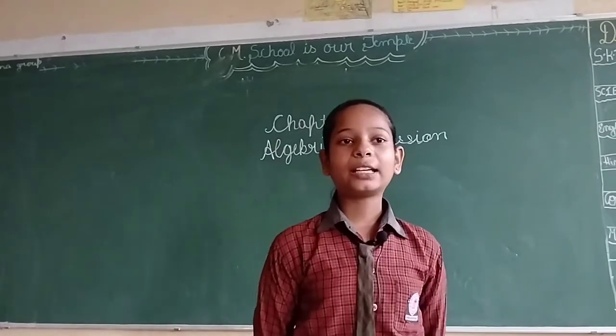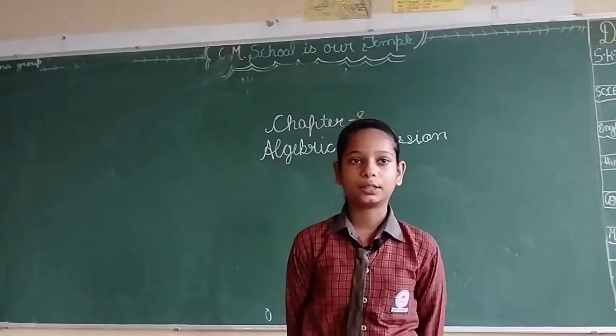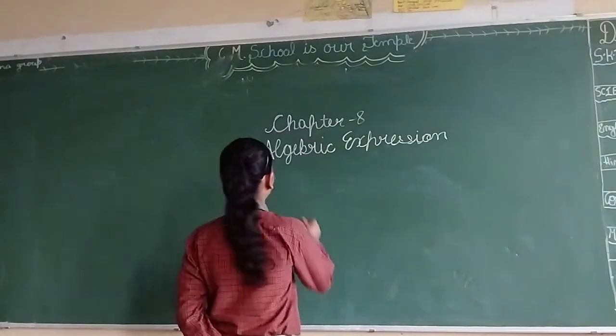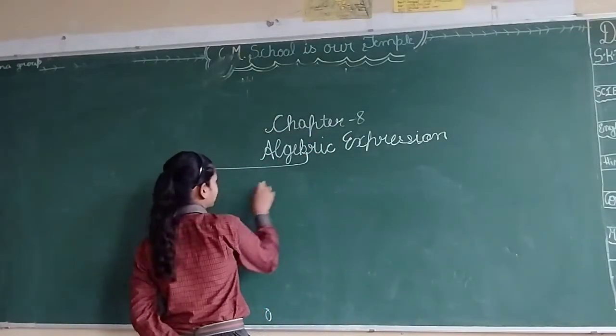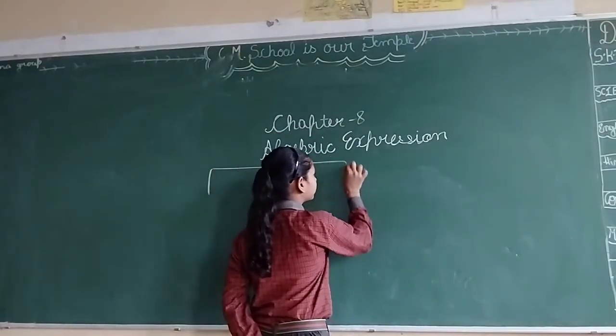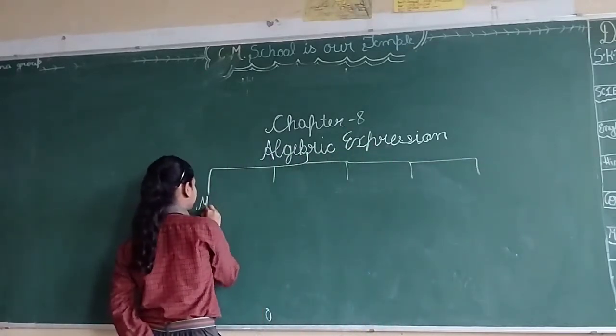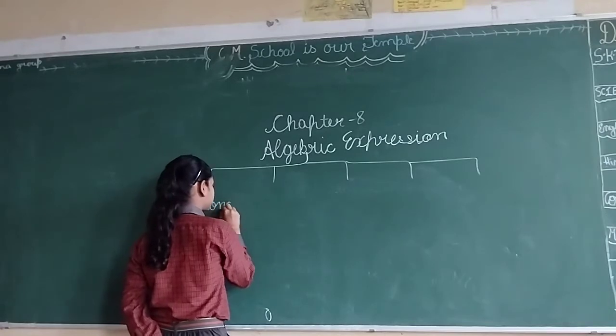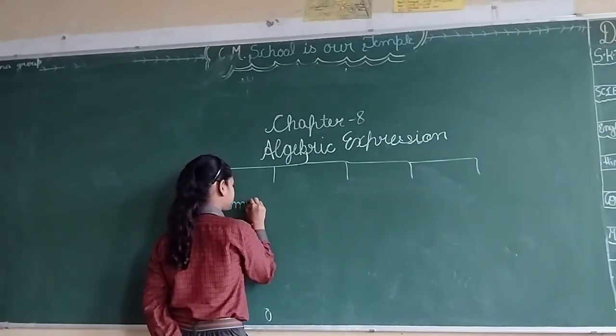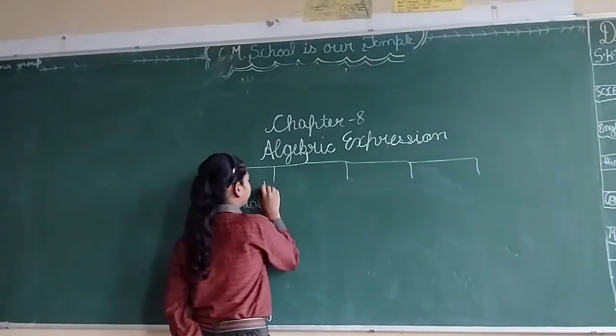Do you know how many parts of algebraic expression there are? There are 5 parts of algebraic expression. First is monomial. Binomial.